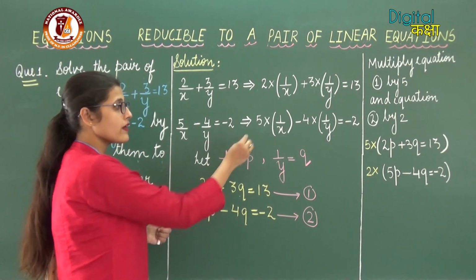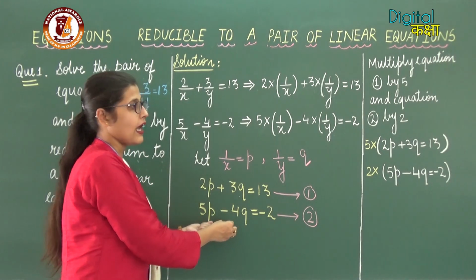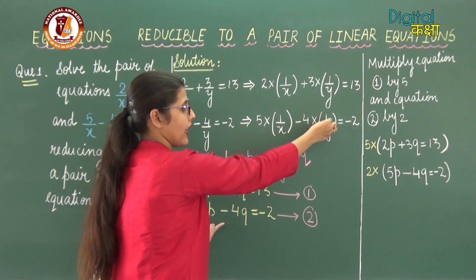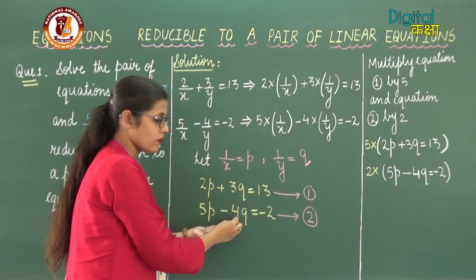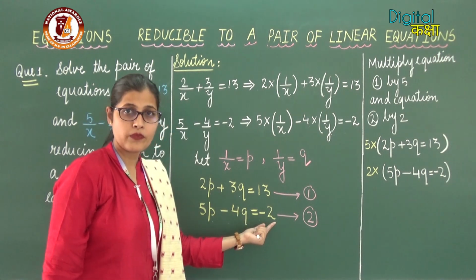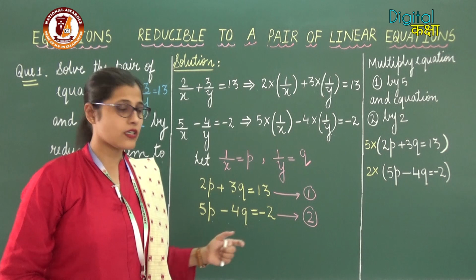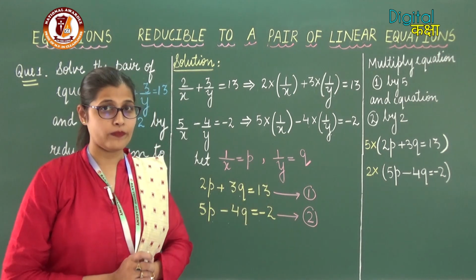So, it will be written as 5p minus 4q equals minus 2. Now, these equations 1 and 2 are in the linear form.